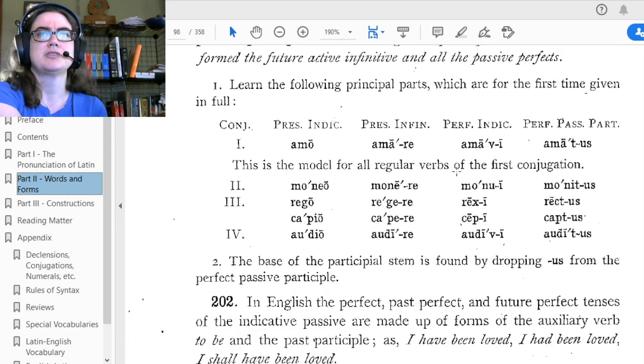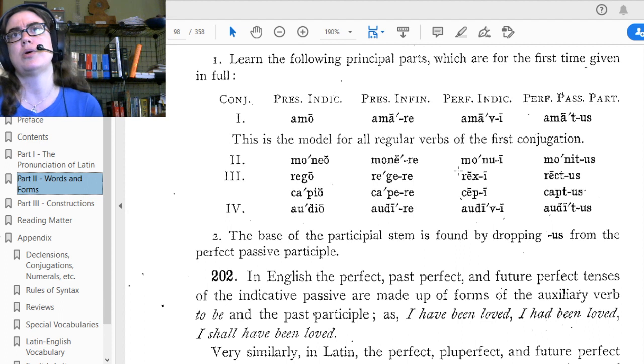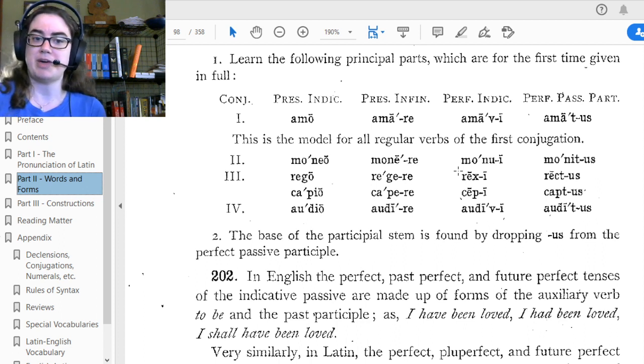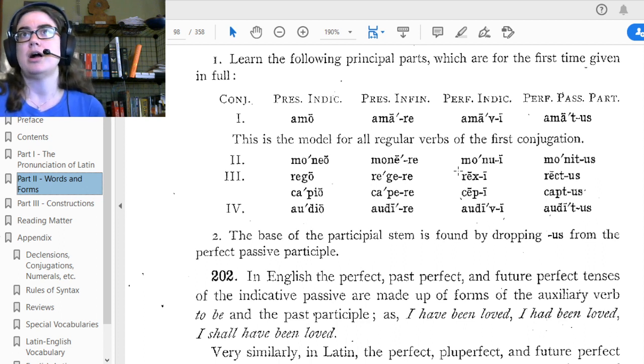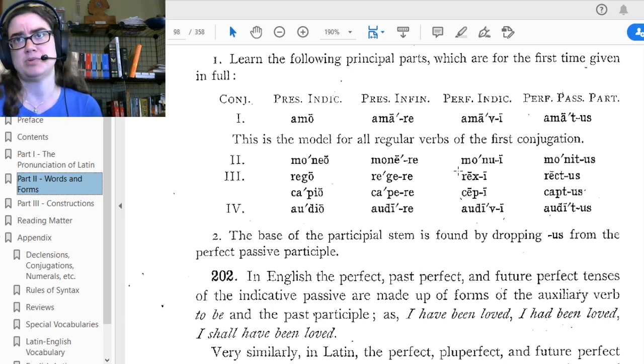All right. So let's look at our principal parts here. Amo, amare, amavi, amatus. So amatus, we use that to form the perfect passive system. Because what it is is the perfect passive participle. So we're introduced here to our first participle. What is a participle?